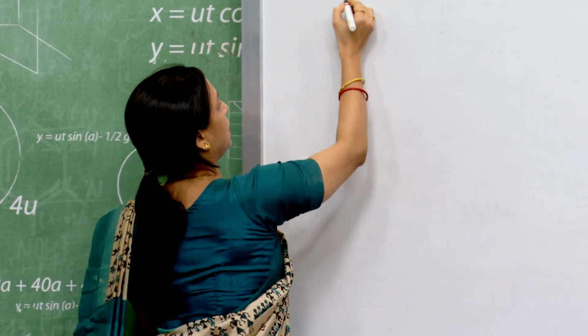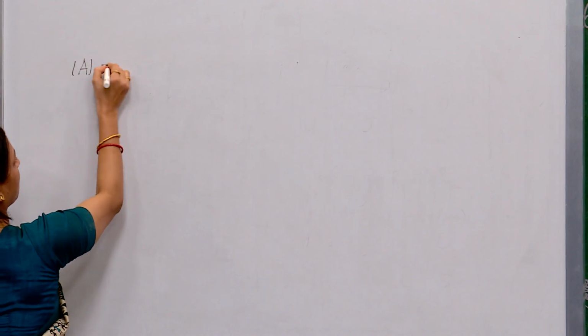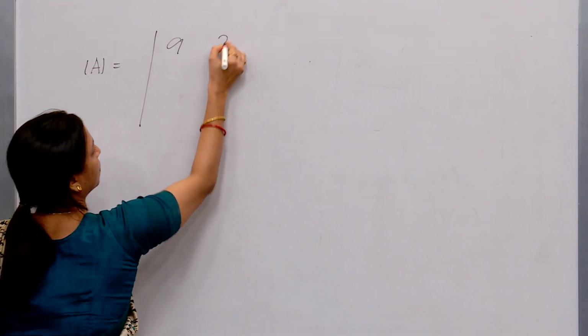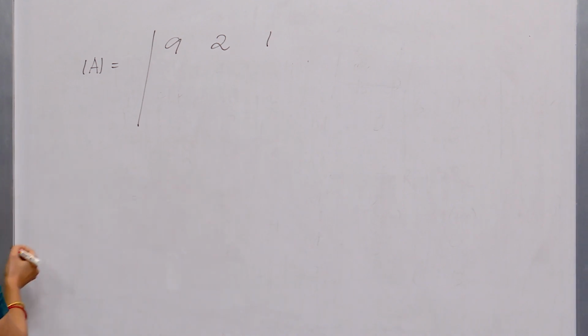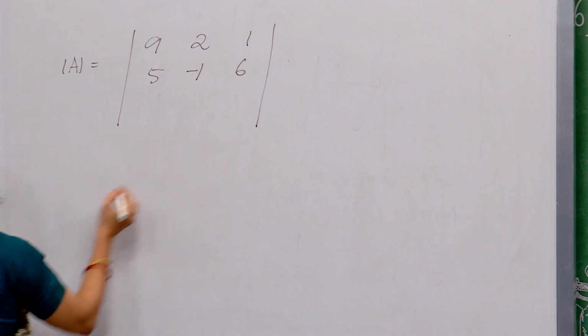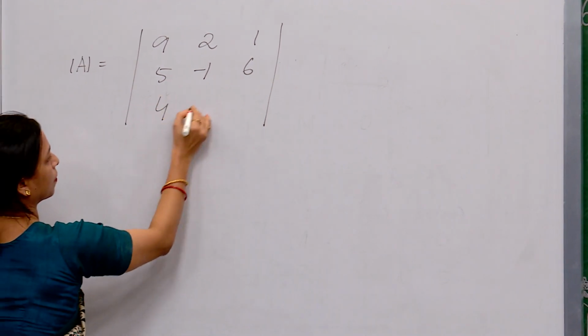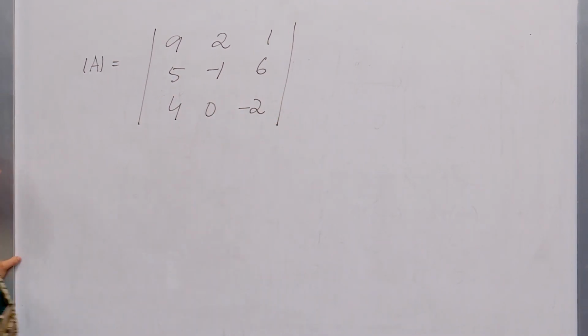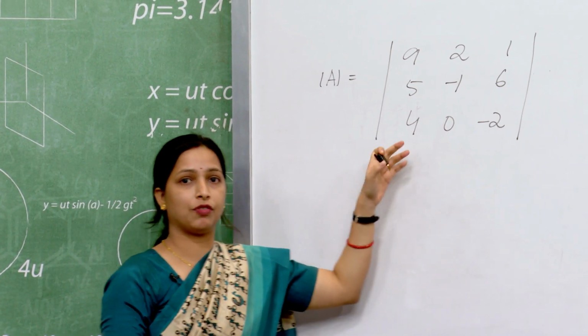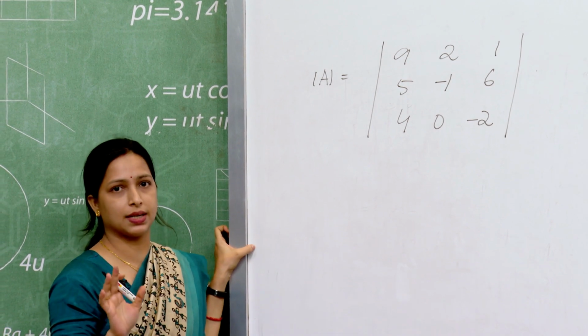Let us take an example. Okay, so this is the determinant. Now, there are 9 elements, so there have to be 9 minors as well, right.